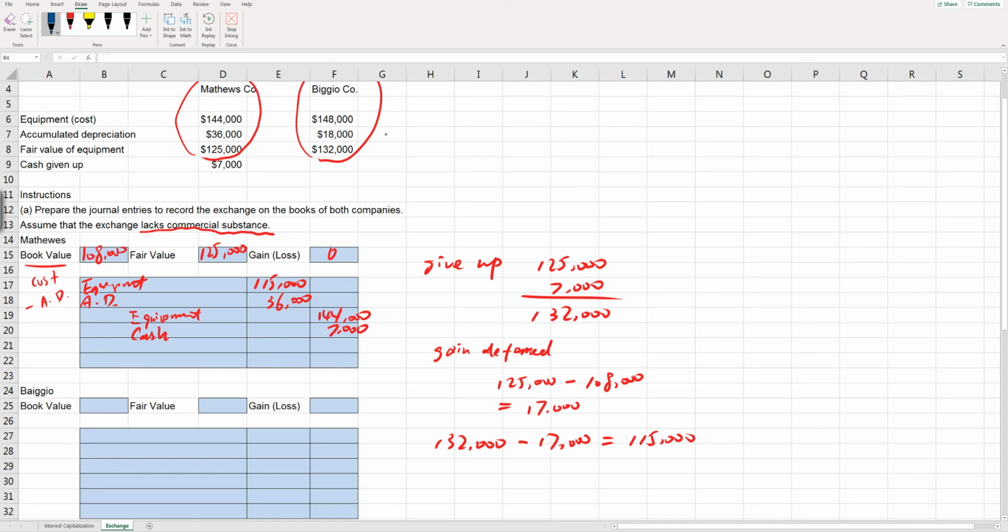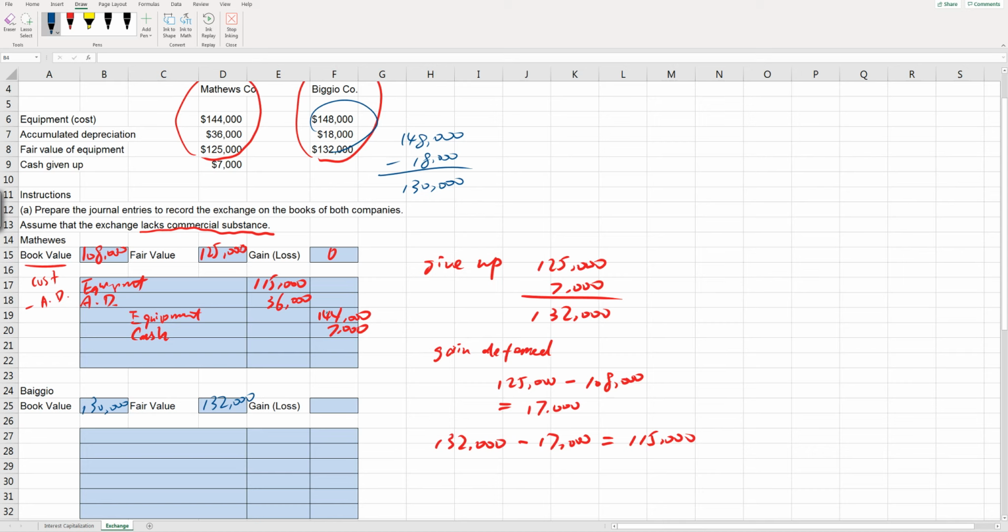So book value is going to be the cost minus accumulated depreciation. So it's 130. Fair value 132. All right, there's a possible $2,000 gain. Possible gain is $2,000.